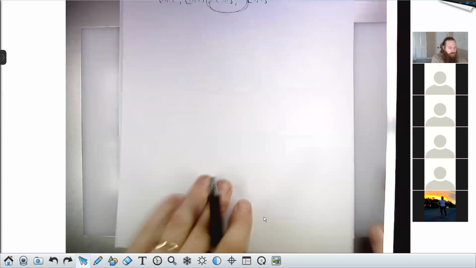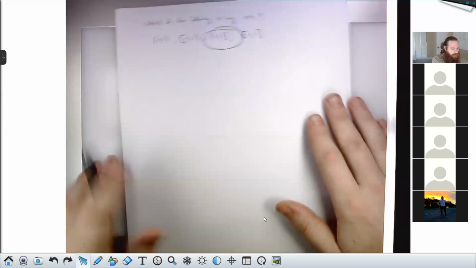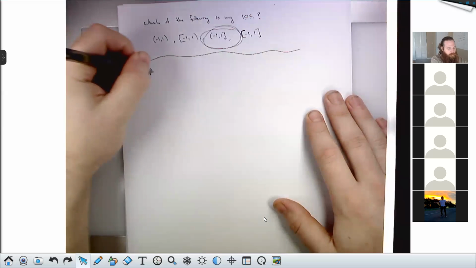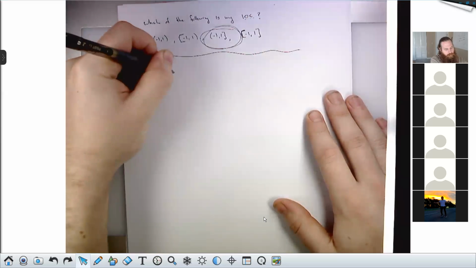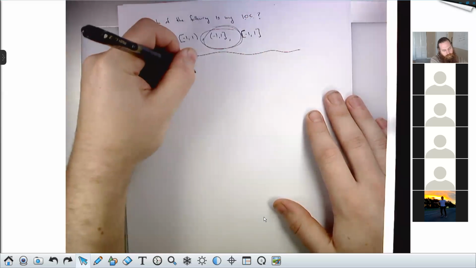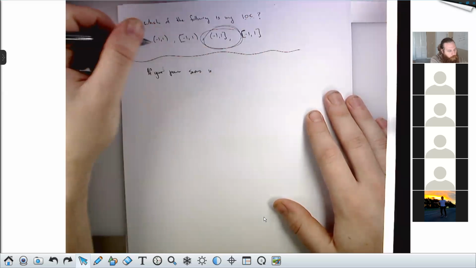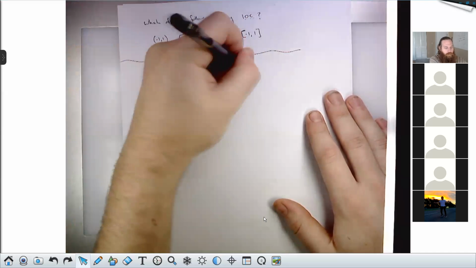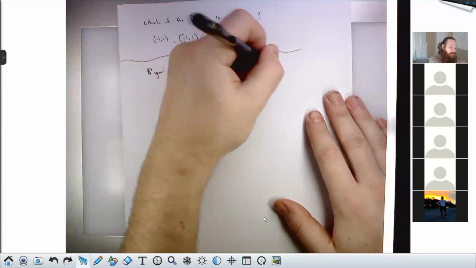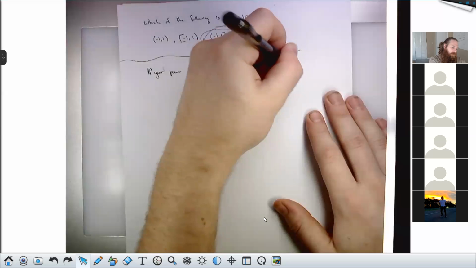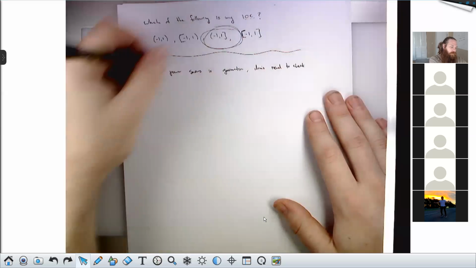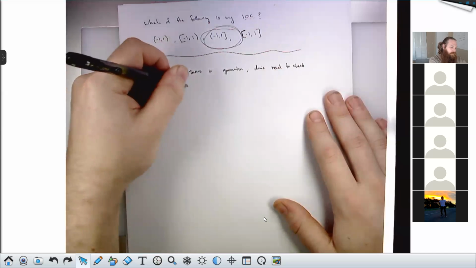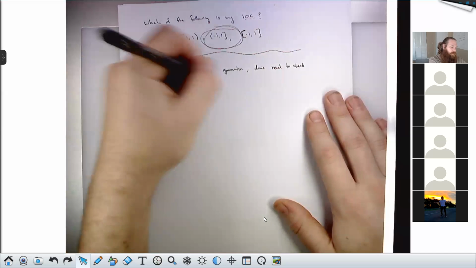So the kind of upshot here is, if your power series is geometric, you don't need to test endpoints. But IOC will always be open.